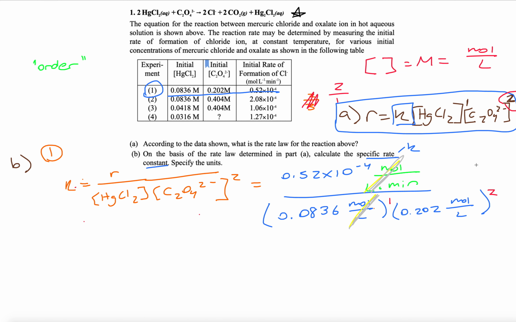So the units are going to be, since it's like a denominator's denominator, this is going to flip, and we're going to get liters per moles times minutes. This is squared, so this squared distributes. So because of that, you're going to add a squared to liters and a squared to the moles. And that's going to be your units for K. So do not forget that at the very end.